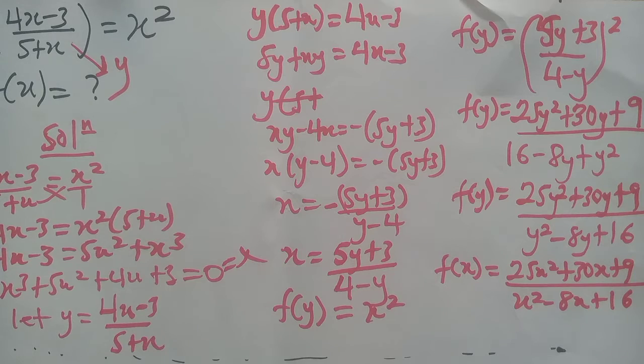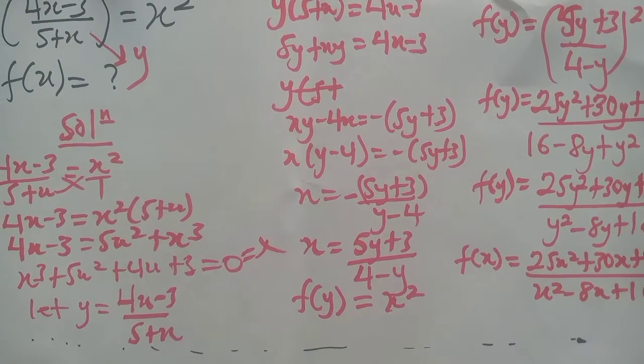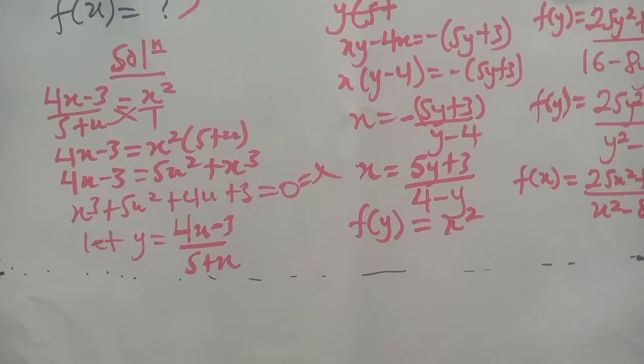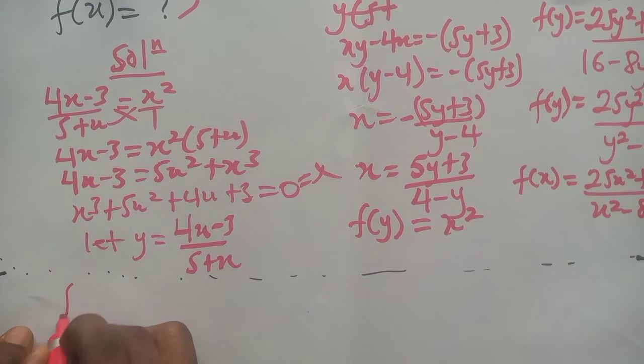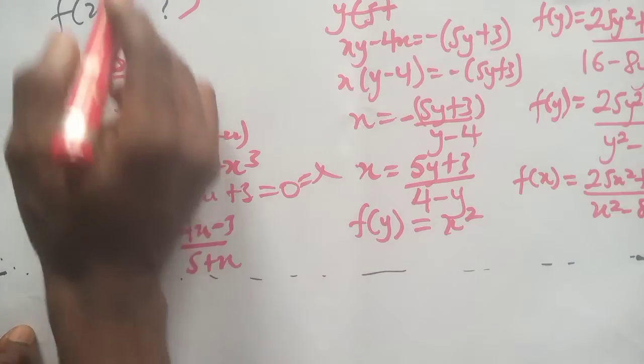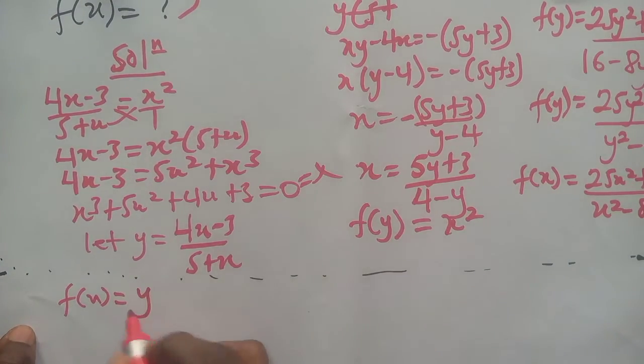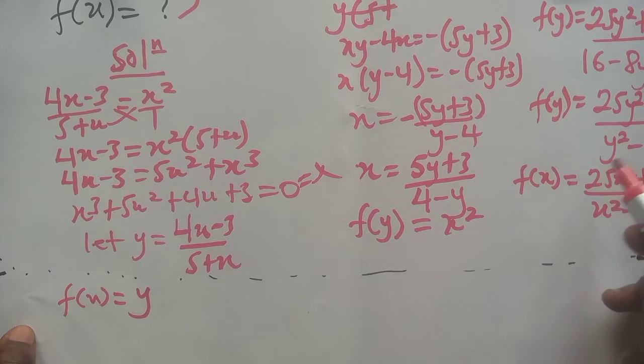So if we are finding the inverse of a function, then this implies that if you have f of s, and we said our f of s here, we are equating everything to y, and that is what we actually replaced over here.